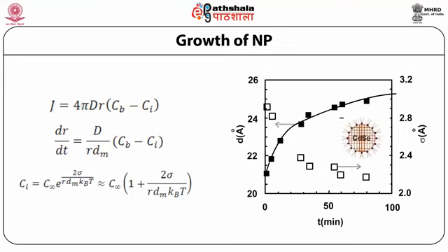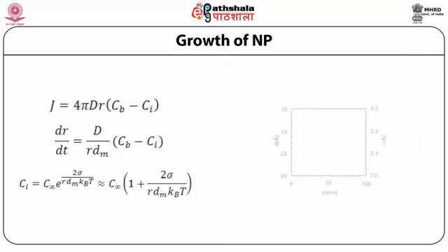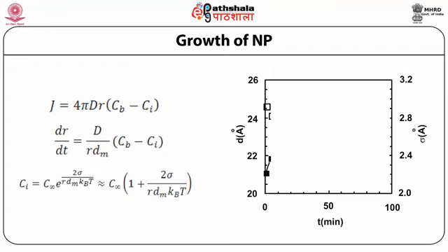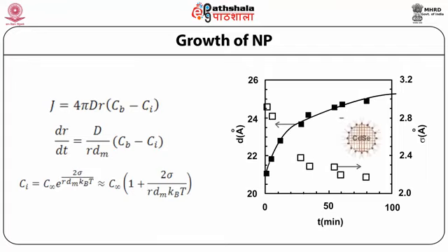To this point, an infinite stability of the nanoparticles is assumed. But this assumption is challenged by the Gibbs-Thomson effect, which introduces a competing effect to the growth. So as the size of the nanoparticles reduces, their vapor pressure increases.